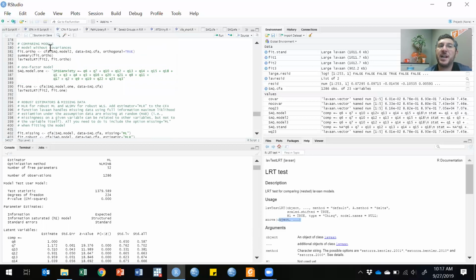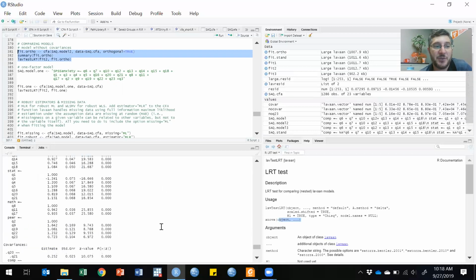We already talked about comparing models with the likelihood ratio test. Some things people would usually compare: if you want an orthogonal model, where you don't want a correlation between the factors, essentially like an orthogonal rotation in CFA, you can turn off that covariation between factors with the command orthogonal equals true.